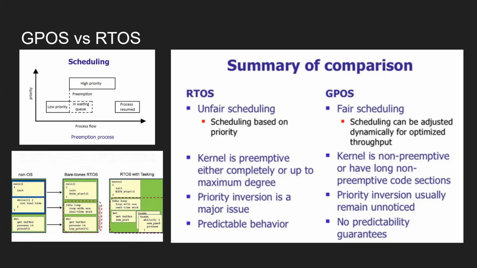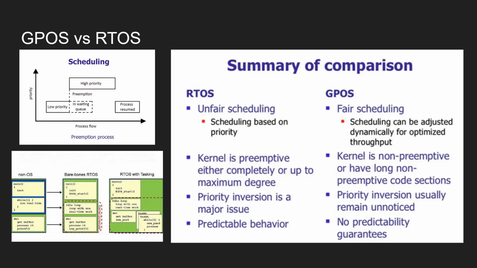But if the high priority process starts after this low one gets the lock, and the high priority process wants this lock, the low priority process is unable to release that lock because the high priority process is running and currently waiting for the lock that needs to be released, but it's unable to get it because the low priority process will never run. So this is something that we really need to consider.